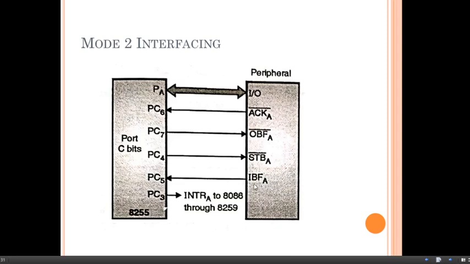This IBF is the input buffer full signal which is active high, generated by this 8255 to indicate that the data is available in the input port. So this is mode 2 interfacing, that is strobed bidirectional input output interfacing of 8255 and the peripheral device.